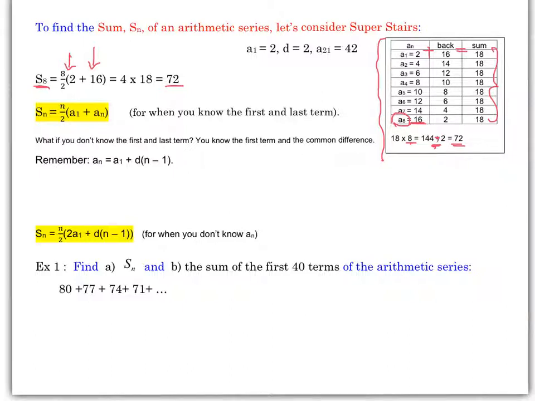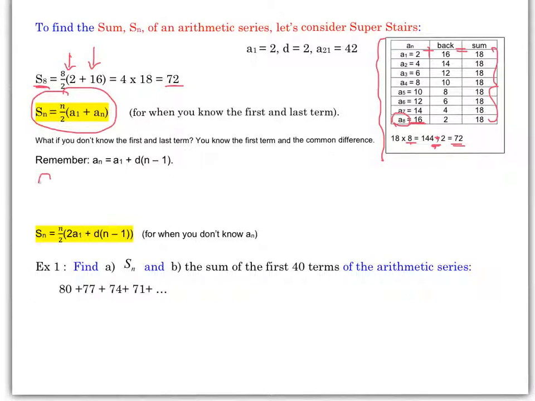Now this formula is great when you happen to know the first and the last term, but you don't always know that. So sometimes you know your a sub 1 and you know your common difference, but you don't know the last term because it just gives you the first couple terms. Well, this is what you would do then.